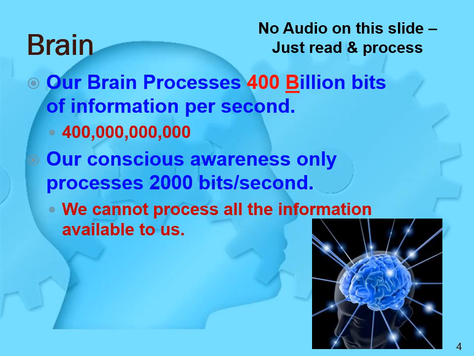So this computer, our brain, processes 400 billion, that's billion with a B, bits of information per second. Our conscious awareness can only process 2,000 bits per second. Okay, so we cannot possibly process all the information that's available to us.